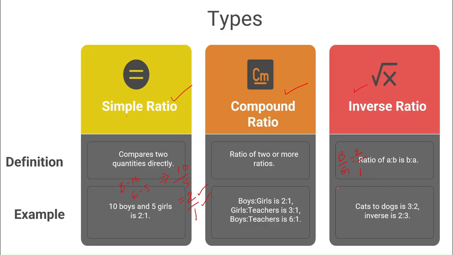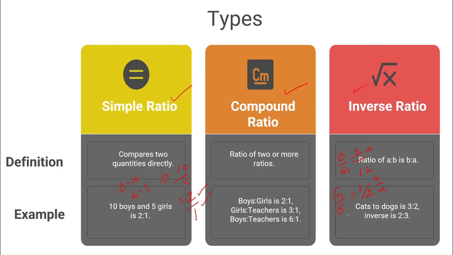I can simply reverse them. Girls versus boys ratio is nothing but 1 by 2. So if the ratio of A is to B is given, the inverse ratio of A is to B is B is to A. Here let's assume this is your A, this is your B, then the inverse ratio would be B is to A. So that's why you can easily form it.